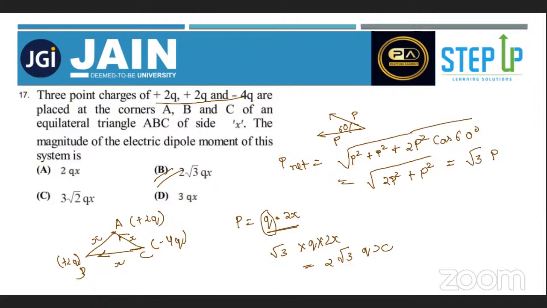If they mention the answer in terms of magnitude, then they'll specify the same charges. Because they're not specifying the same charges, I know that for an electric dipole, they should have equal charges and opposite sign.